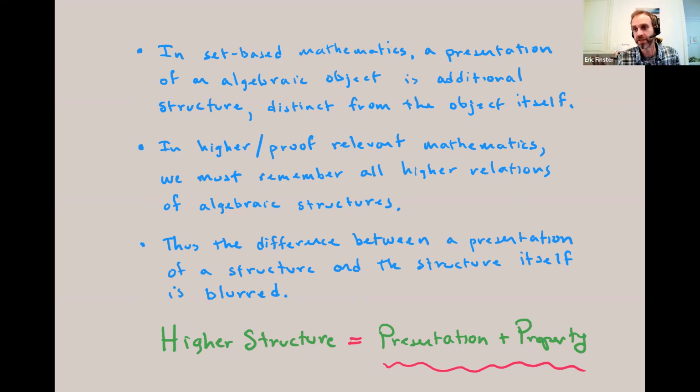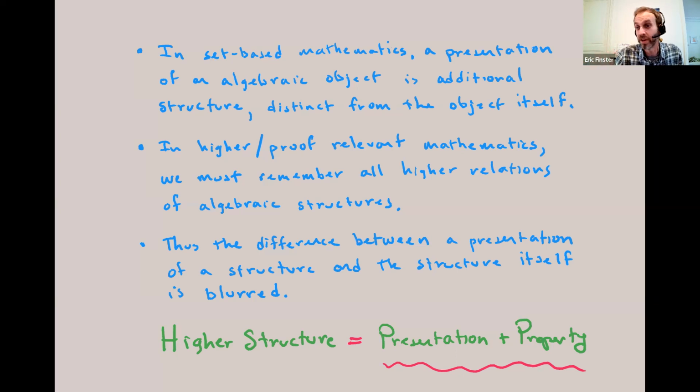If you're familiar with classical homotopy theory, the canonical example would be simplicial sets, where general simplicial sets are presentations of homotopy types, and the actual homotopy types, the well-behaved ones, the ones that we consider algebraic, have a certain property, which is this Kan lifting property. So I think this is a real theme for many different types of higher algebraic objects, that they can often be described as a collection of data which is saturated in some sense.